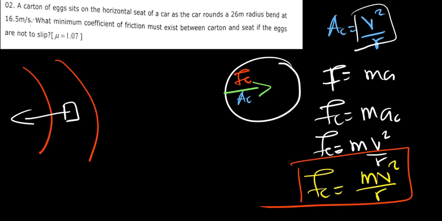So centripetal acceleration, same principle. The mass has to be in kgs, radius has to be in meters, the velocity has to be in meters per second. Oh, sorry. In some cases where you have not been given the velocity, they give you the angular velocity.